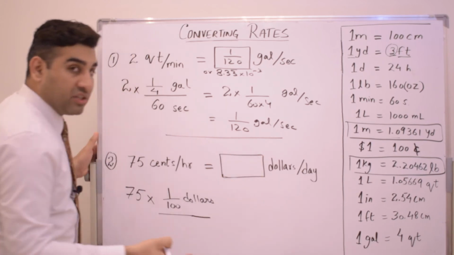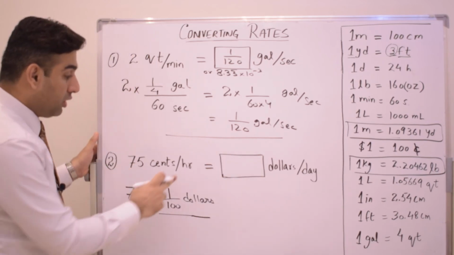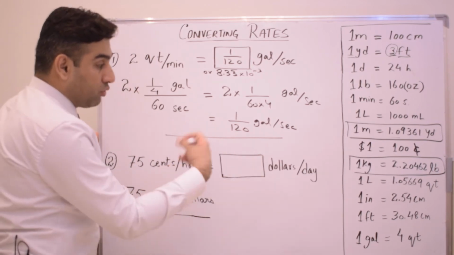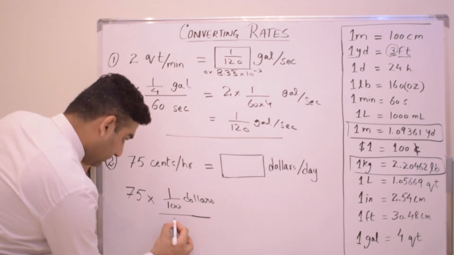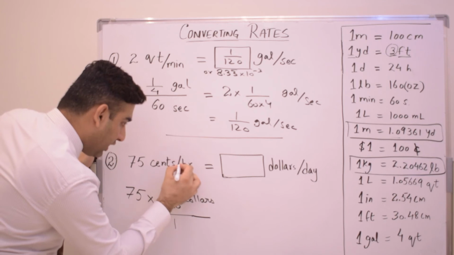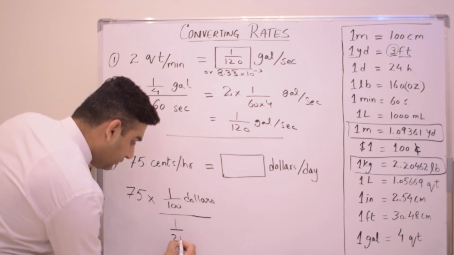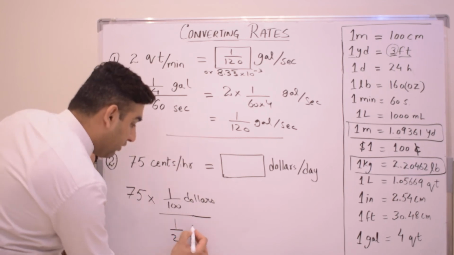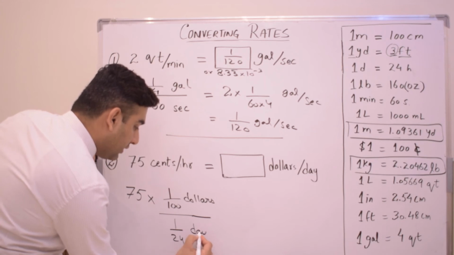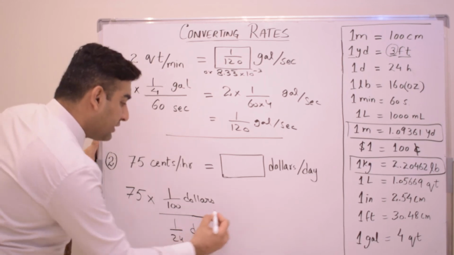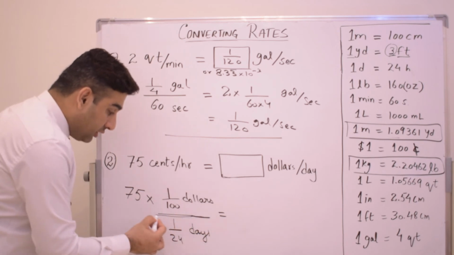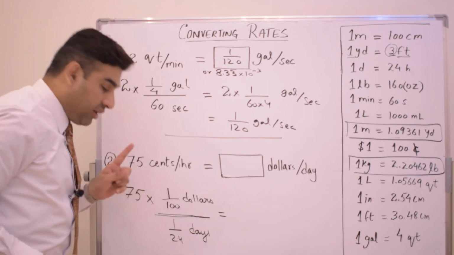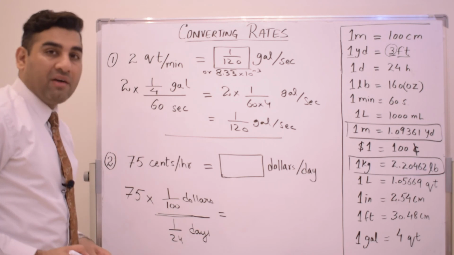So hour to day, so this is also a smaller unit, you have to go into bigger. So 1 day equal 24 hours, so you will divide the 1 which is over here with 24, and write here the days. Okay guys, now as you can see, you have a big fraction, and in numerator you also have a fraction, and denominator you have a fraction.